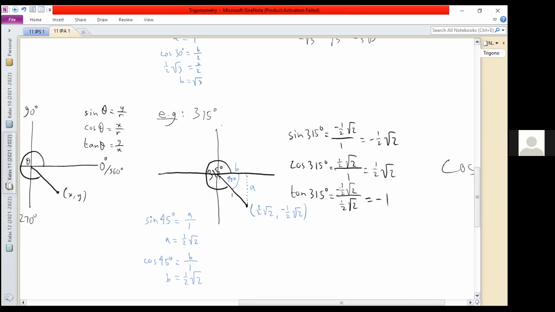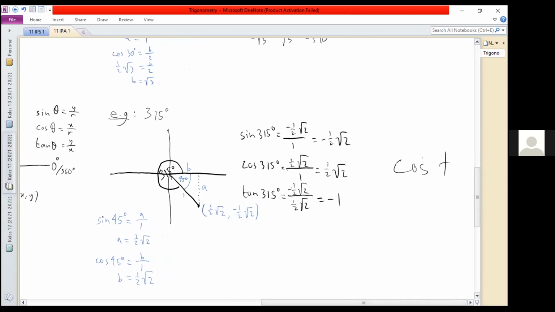We need at least these two things. The first one, you need to find out whether the value is positive or negative, because if you remember the signs, the sine, cosine, and tangent of 45 degrees are all positive: 1/2 square root of 2, 1/2 square root of 2, and 1.